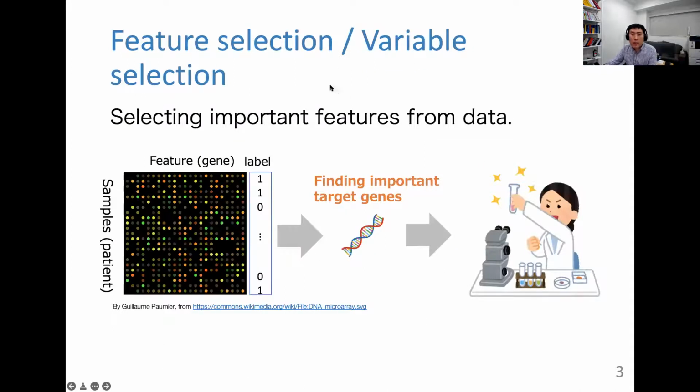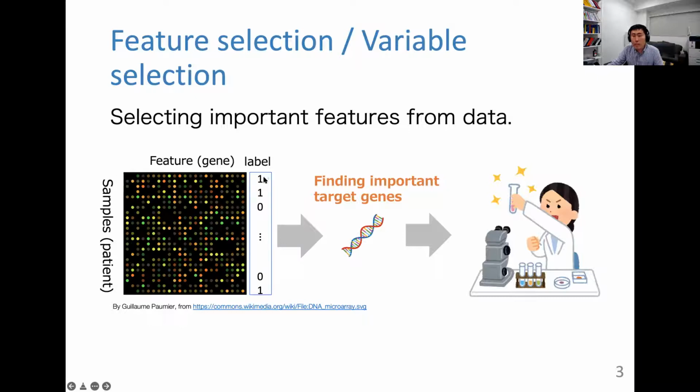I think many of you know about feature selection, which is also known as variable selection. This is to select important features from data. For example, this is an illustration of the supervised feature selection problem. This is an image of gene expression data. The y-axis is the samples or patients, and the x-axis is the features. For each sample or patient, we have a label.